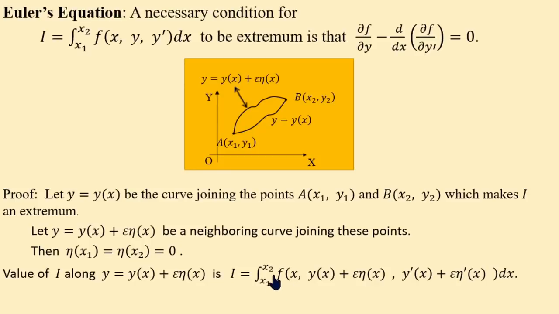Here f is a function of three variables x, y and y dash, and I is a function of x and epsilon, because y of x, y dash and eta dash are all functions of x, and one more variable is epsilon. Any functional or function, if it is extremum, then the derivative with respect to epsilon is 0. Similarly, the derivative with respect to x is also 0. Here this functional is extremum if dI by d epsilon is 0.